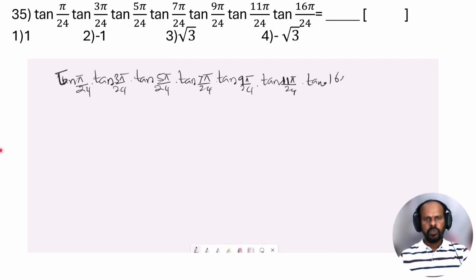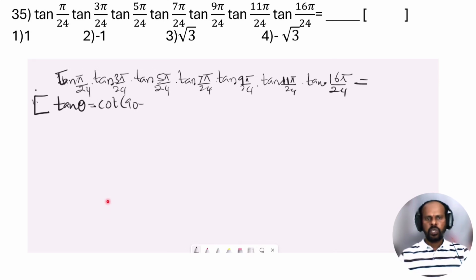So by using the quadrants, how do we simplify? Let us see. One formula before I go on: tan θ can be written in terms of cot, like cot(90° − θ). So cot(90° − θ) in the first quadrant is tan θ.